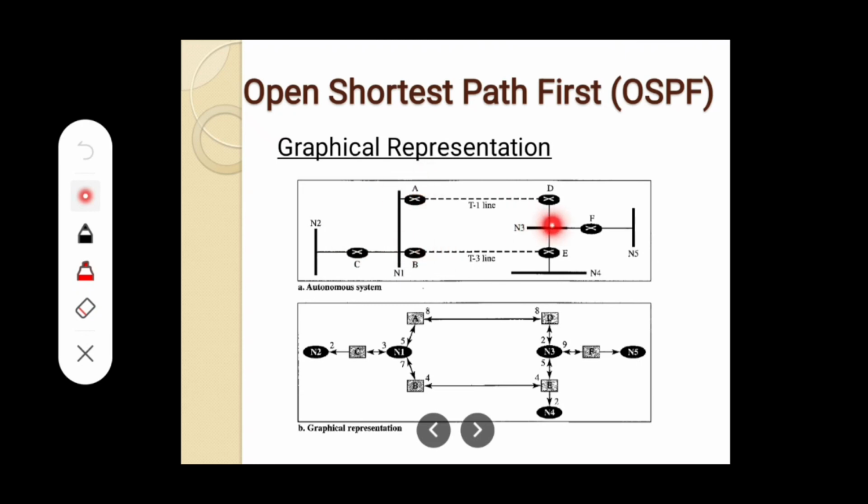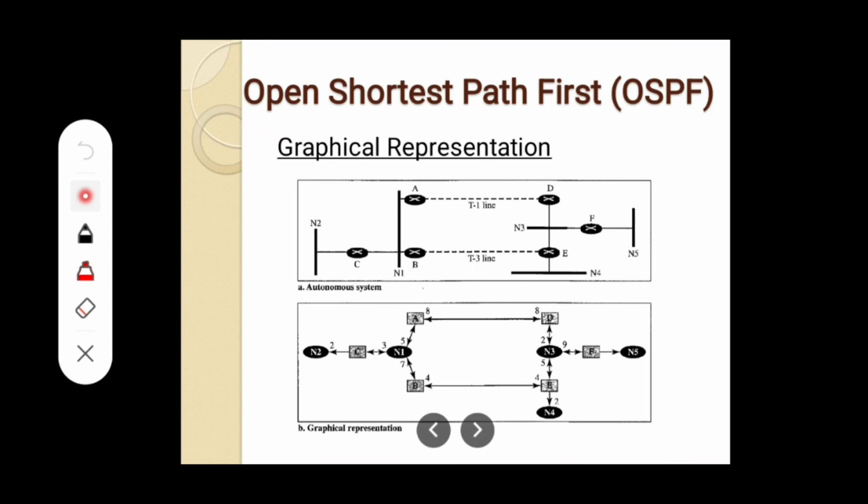Similarly in N3 multiple routers are connected. N4 is a stub network, meaning only a single router is connected. N5 is a stub network. Clear? So N2 is a stub, N1 is transient, N3 is transient, N4 is a stub, and N5 is a stub.